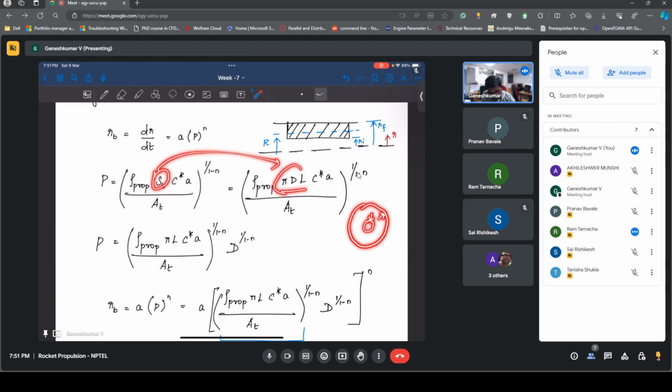Now, if you include the side base also, where burning is occurring, L will be reducing. So from the side also burning is taking place, progressing lengthwise. As a result, the length will continue reducing.